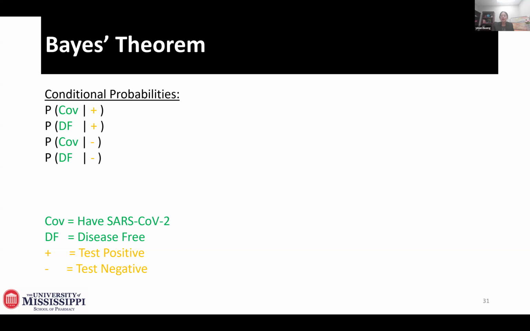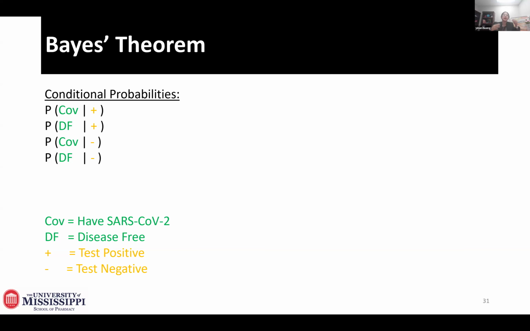Or given the result of a cancer test, given the result of the mammogram is positive, what is the likelihood of being cancer-free? Or given the COVID-19 testing result is negative, what is the likelihood of having COVID-19? All of these, if you notice, are called conditional probabilities.